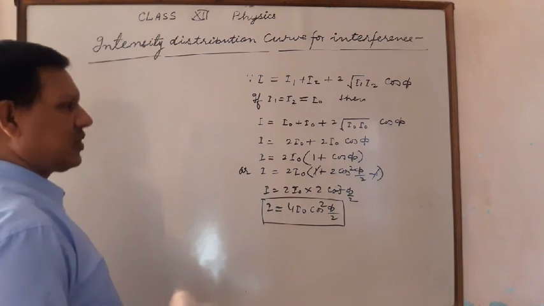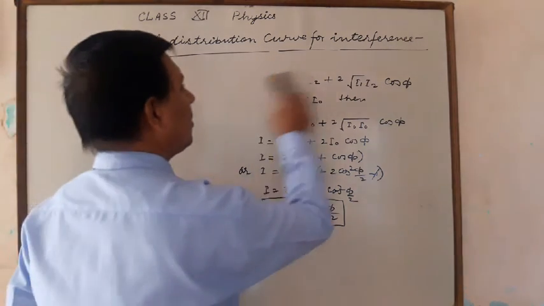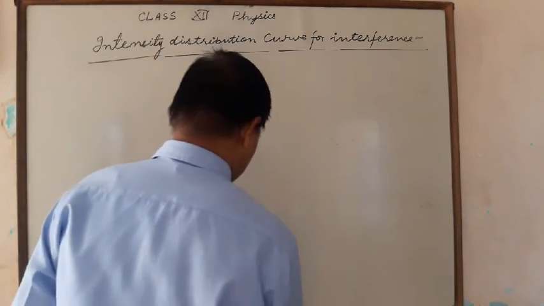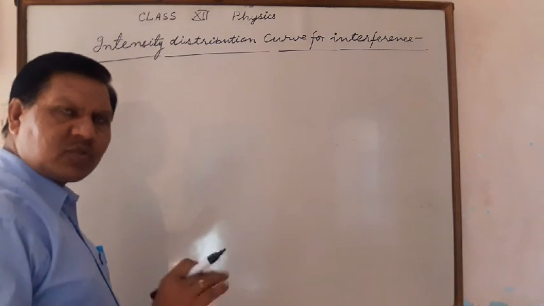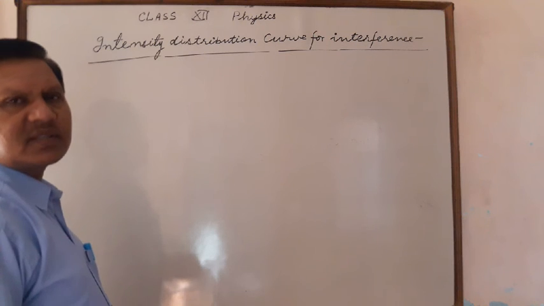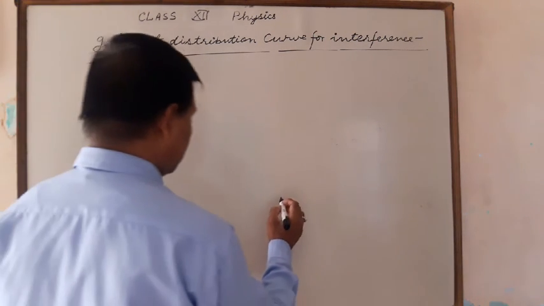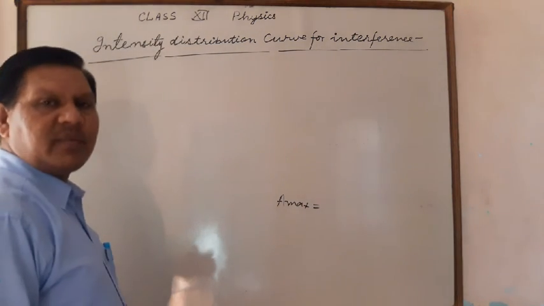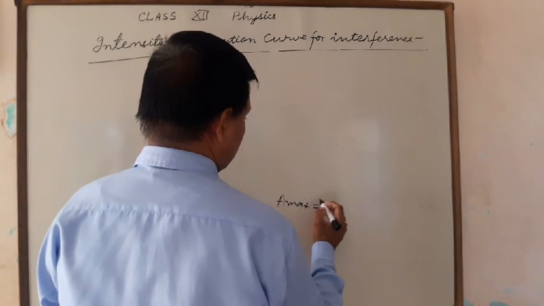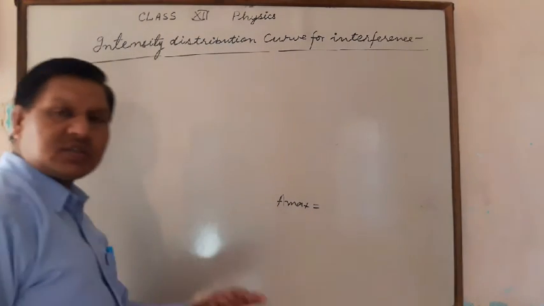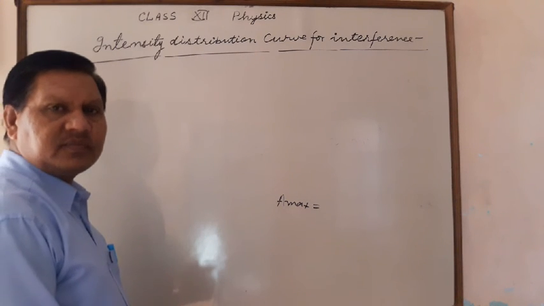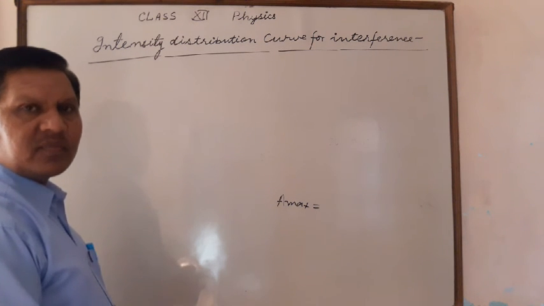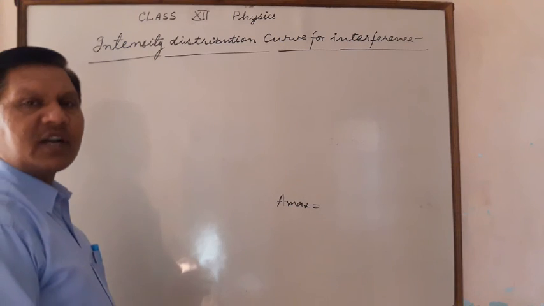In case of interference, we see that when two waves of same amplitudes are superposed in same phase, then the amplitude of the resultant wave becomes maximum.